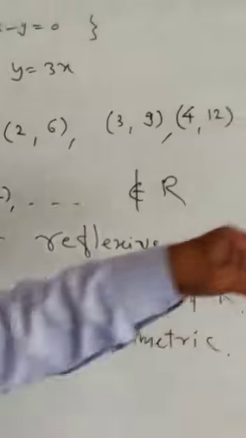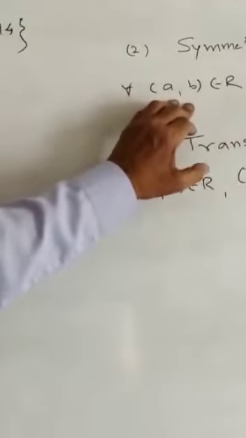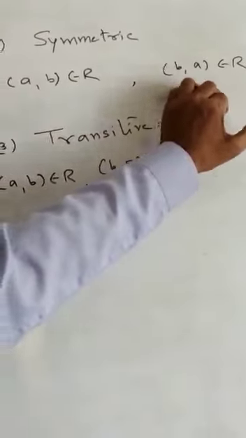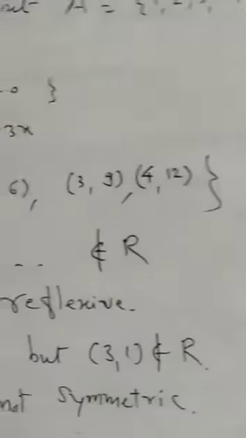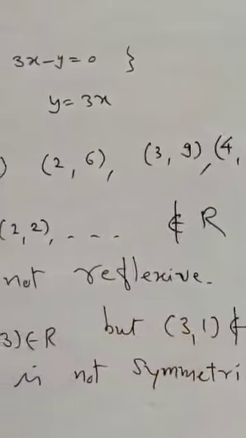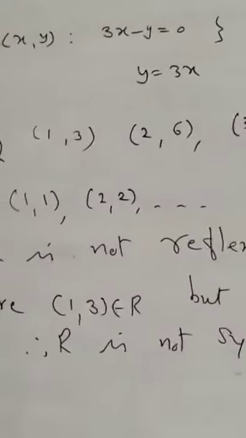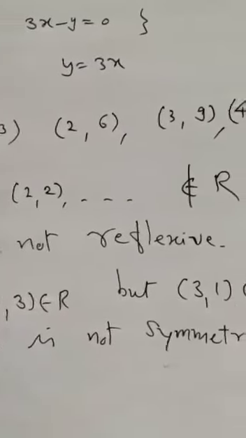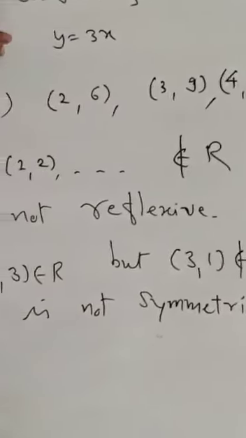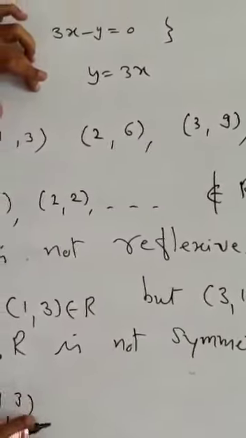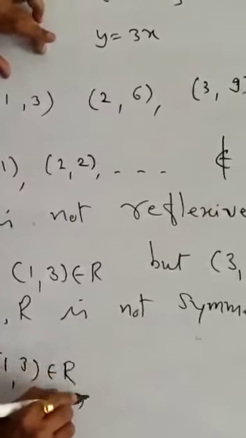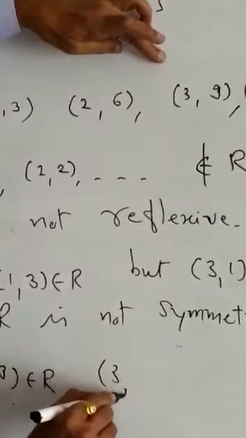When the relation is symmetric, for every (a,b) belonging to R, (b,a) should be there. But here (1,3) belongs to R, but (3,1) does not belong to R. This relation is not symmetric. Now let us think about transitivity. Here (1,3) belongs to R, (3,9) belongs to R. Right?